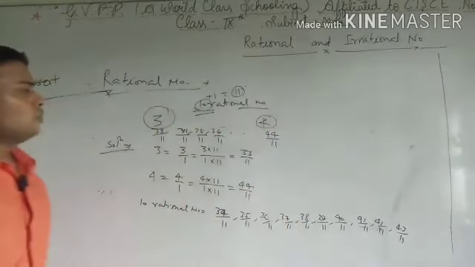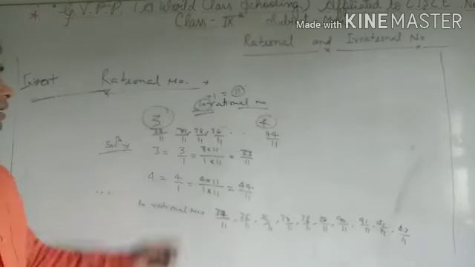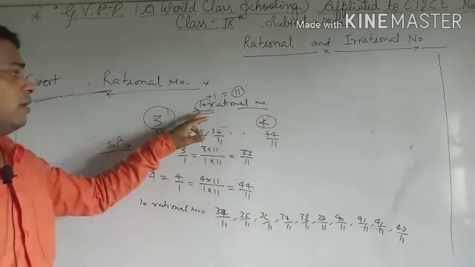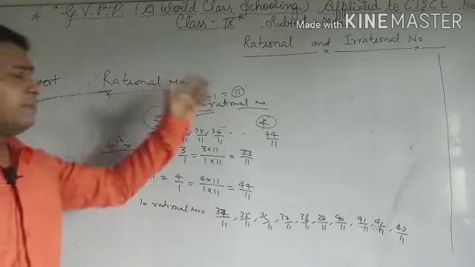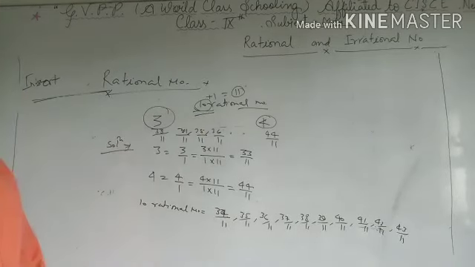Okay, so in all the questions in which you have to find more than 4, 5, 6 rational numbers, you can use this method.